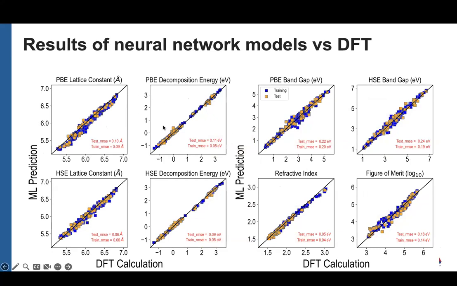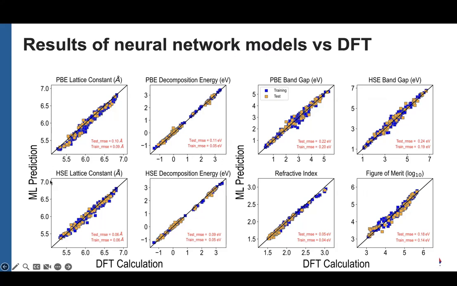There are also things that are derived from the total energy, including the decomposition energy, because one of the problems of this type of materials is how stable is it? Does it phase segregate? So we look at what the energy of this material is relative to decomposing into binary compounds. This is a result of shallow neural network models trained against DFT data.